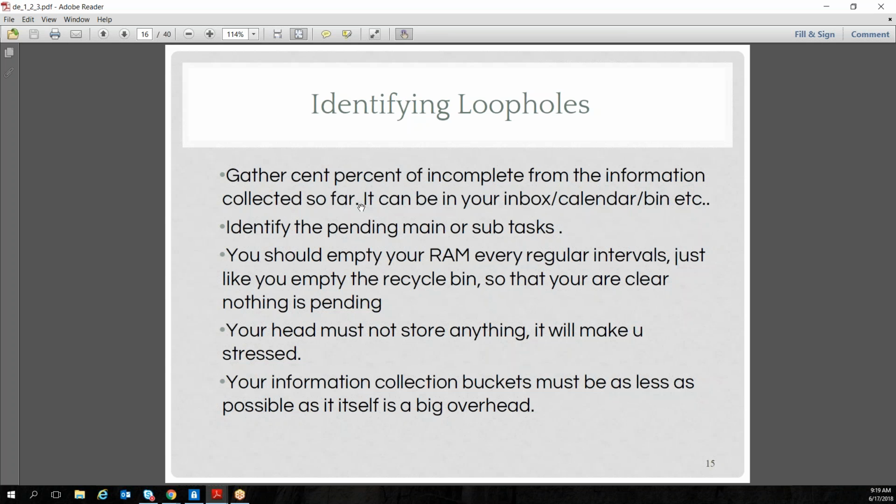Your information collection buckets must be as few as possible, as they are a big overhead in themselves. This means you should save your to-do list in one place. You should not, for example, maintain a notepad at college or office, another notepad at home or your hostel, and another to-do list at some third place when you are out.